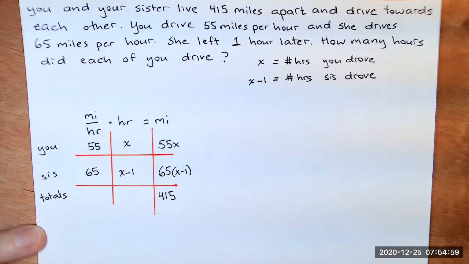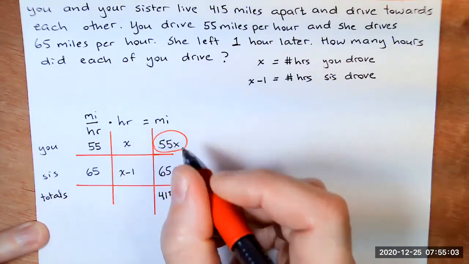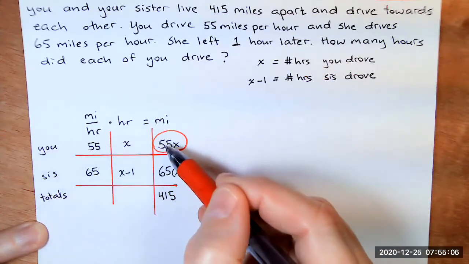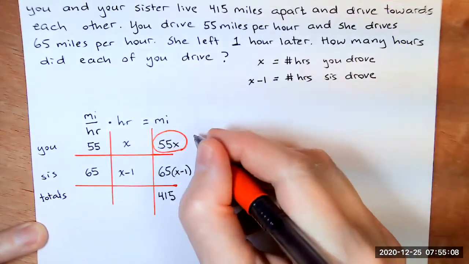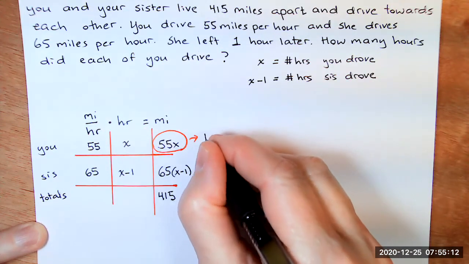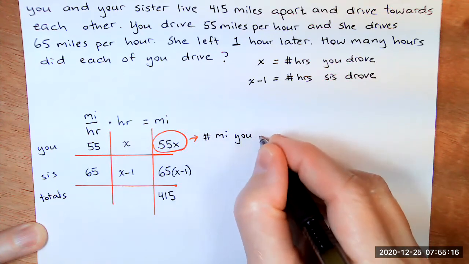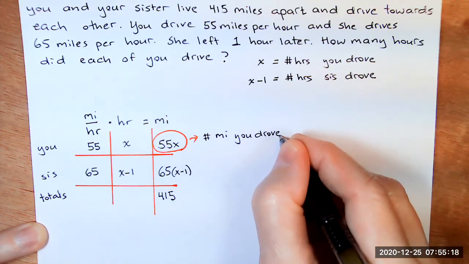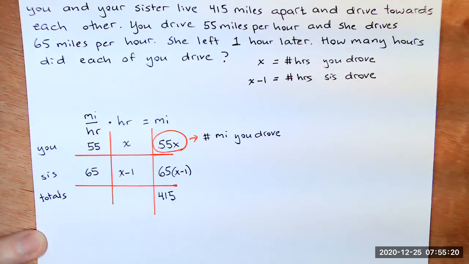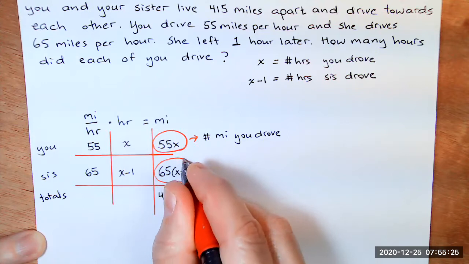I always like to stop and take a moment to examine these expressions. So this is in the U row in the miles column. So 55x represents the number of miles that you drove. This is in the sister row in the miles column.